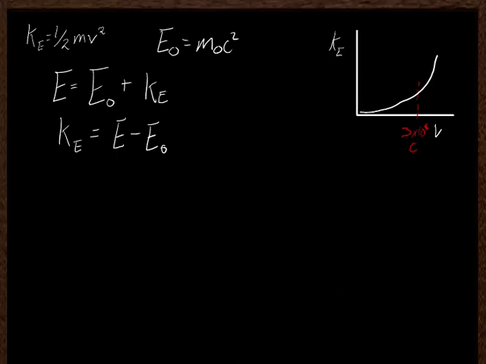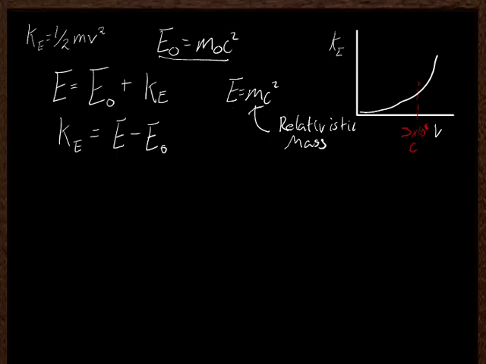Okay, we know what E naught is. That's E naught equals m naught c squared. So how can we define E then? Well, E in this case is again equal to mc squared, where this m is the relativistic mass of the particle.